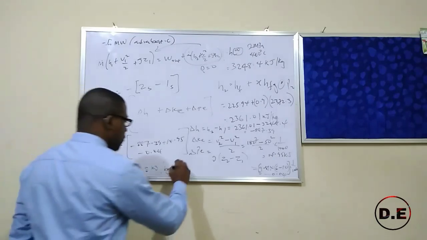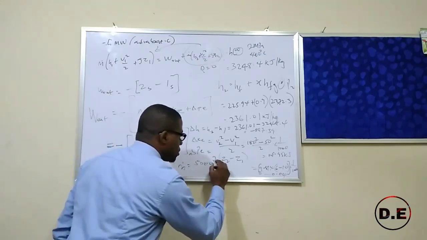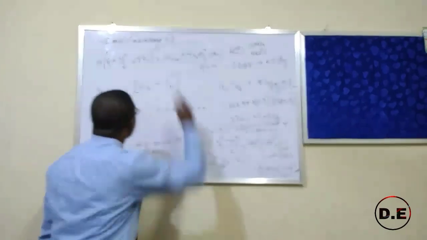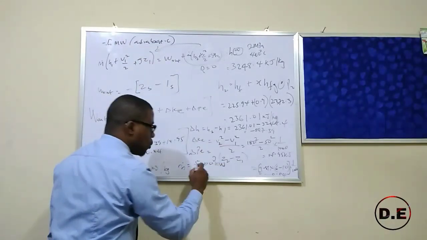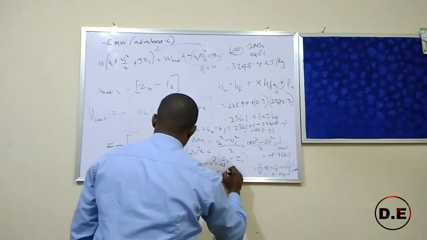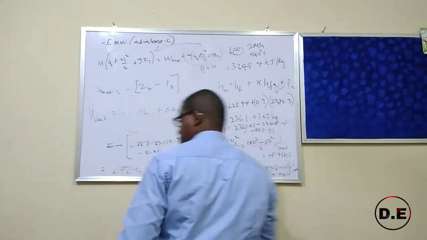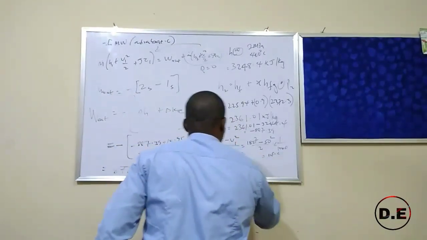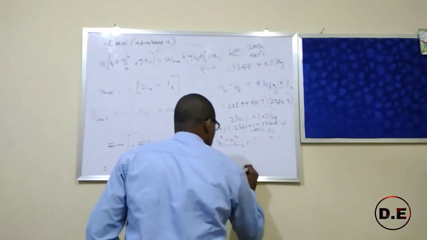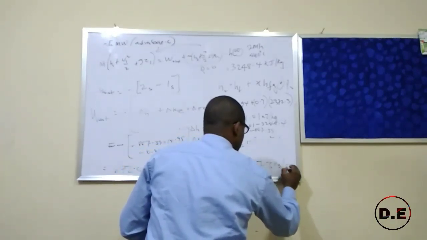So the mass flow m dot is equal to 5,000 kilowatts, converting from 5 megawatts, divided by 872.48, and that will give me 5.73 kilograms per second.